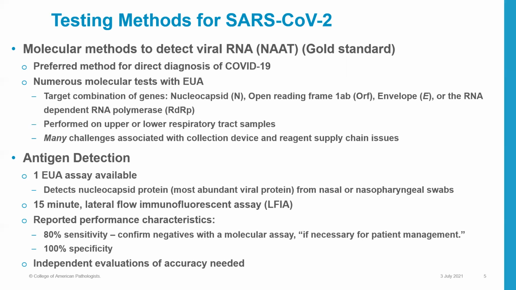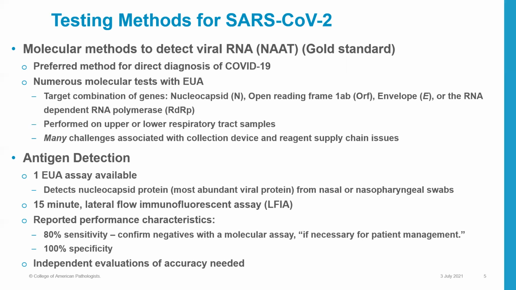The other way that this virus is tested is through antigen detection, which uses viral proteins, recombinant proteins, and antibodies generated against them to target those proteins produced by the virus, detected from the nasal or nasopharyngeal swab.